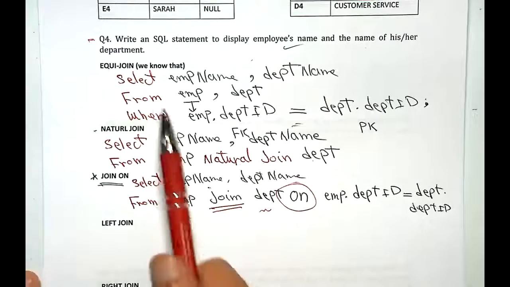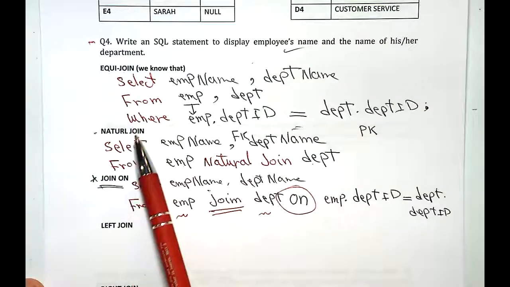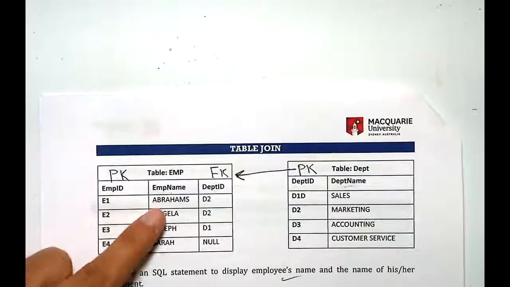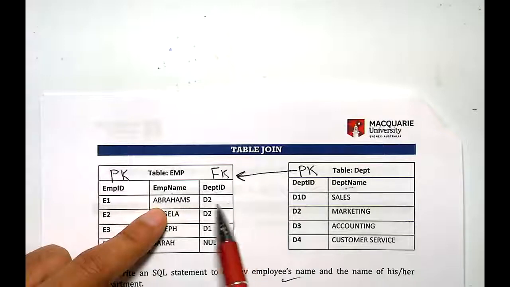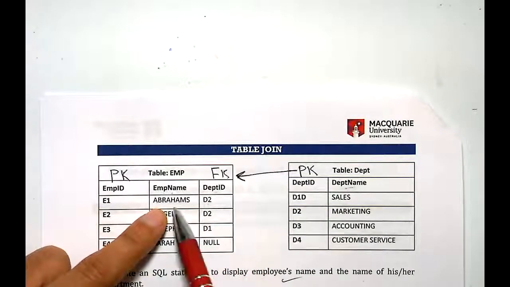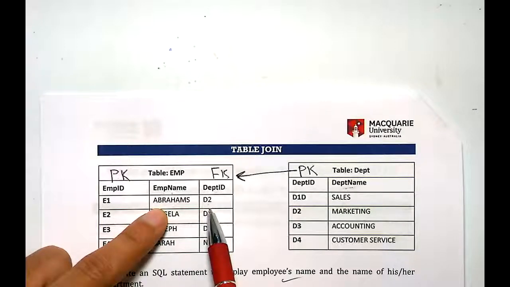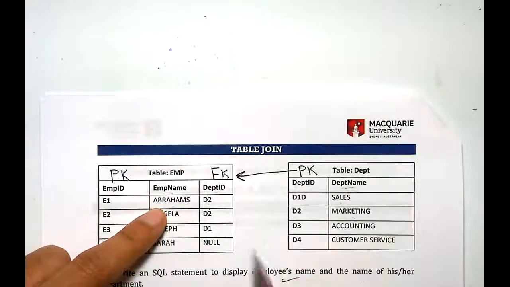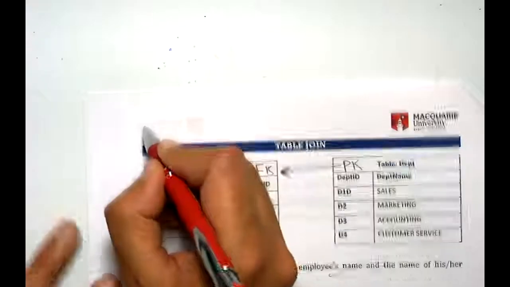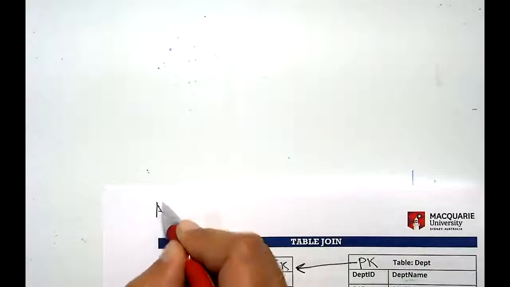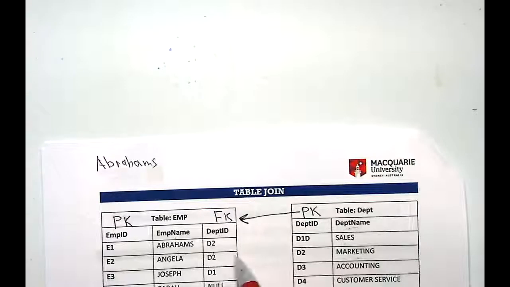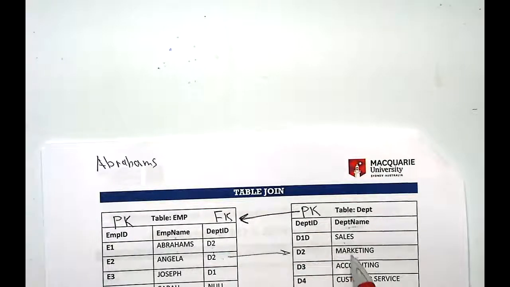So the output of equi-join or natural join or join on will be, so I have Abrahams, he works in department 2, and what is the name of department 2? Department 2, marketing. So the output here will be Abrahams, and his department is marketing.